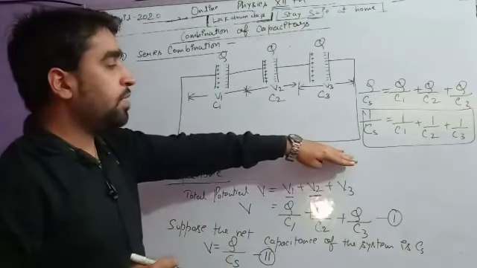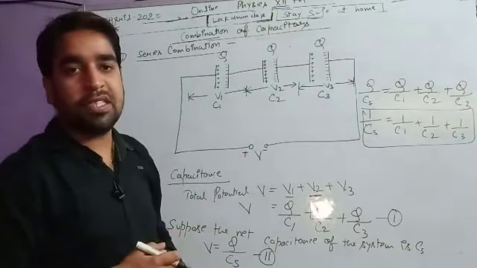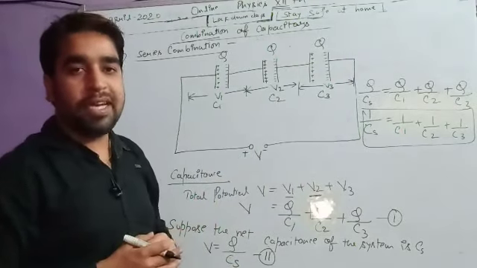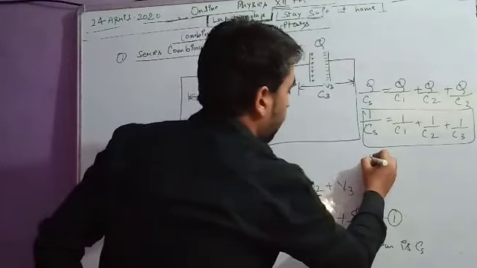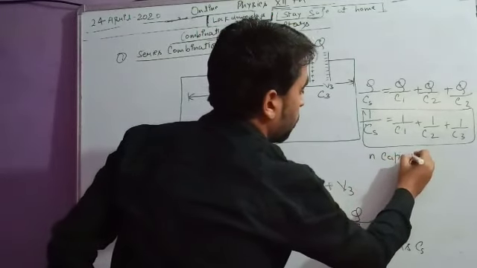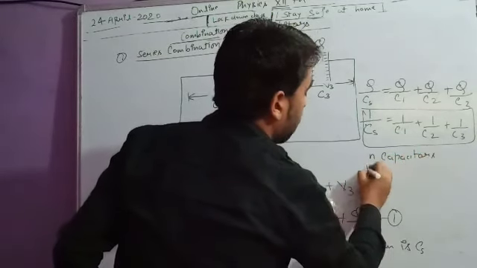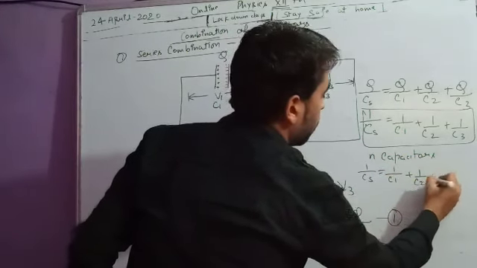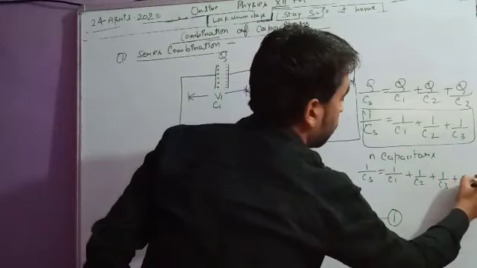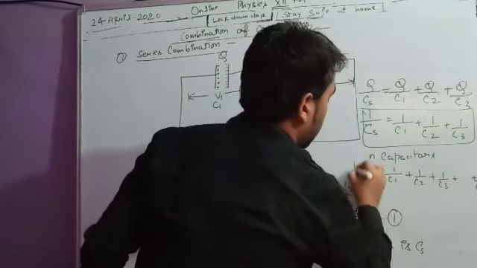Now students, this is for 3 capacitors. Suppose we want to make this equation a general one, then we can just generalize it. For n capacitors, 1 upon CS will be equal to 1 upon C1 plus 1 upon C2 plus 1 upon C3 plus up to 1 upon Cn.